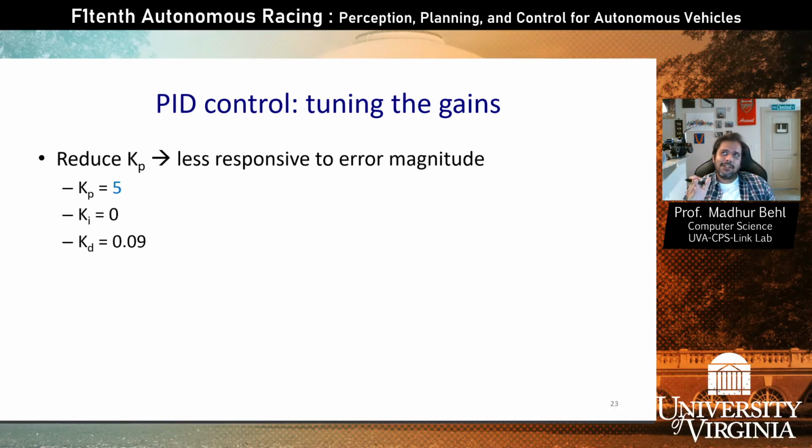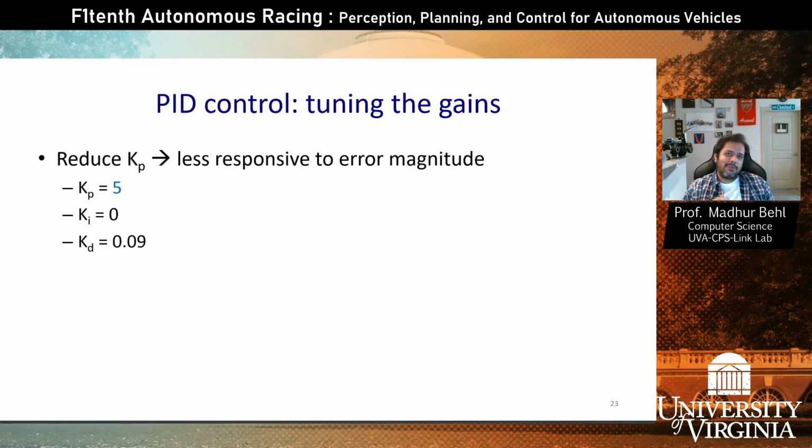So when this value is high, you are very sensitive to the error, meaning you will correct, and the response will be a much sharper or much stronger steering correction, because the value of KP gets multiplied by the error.